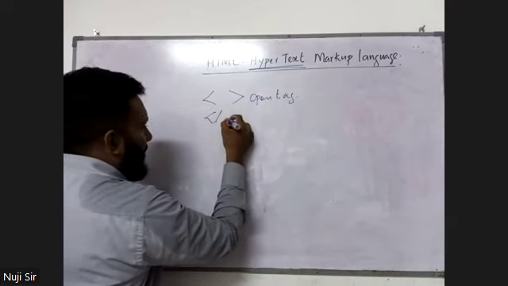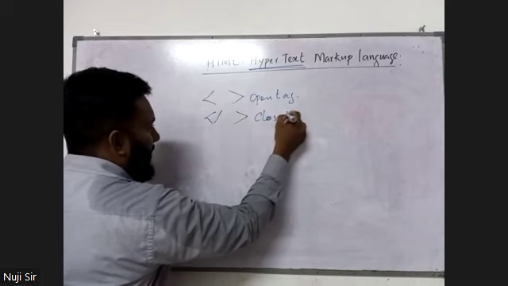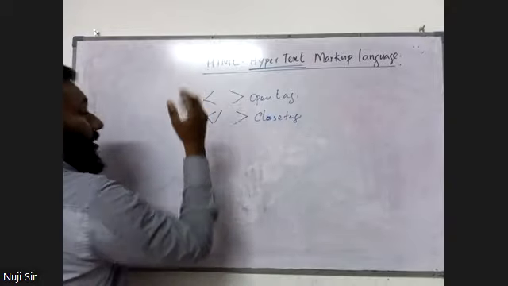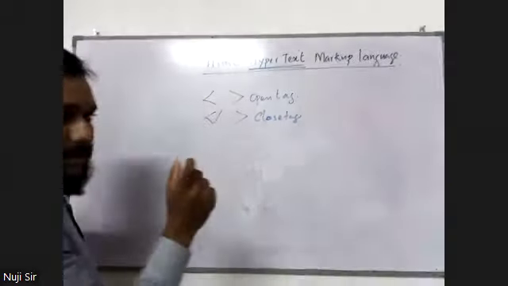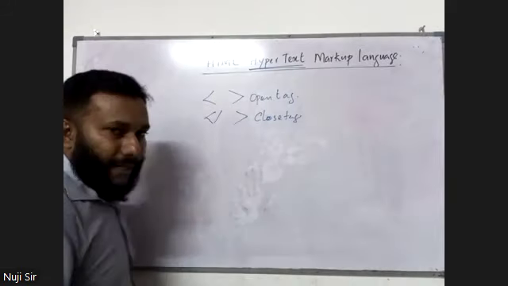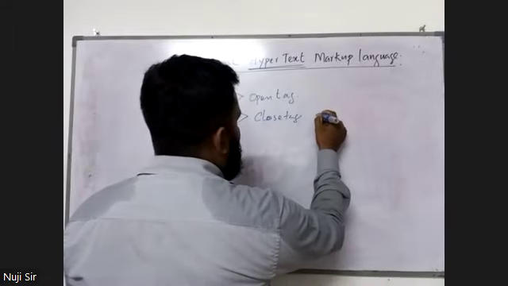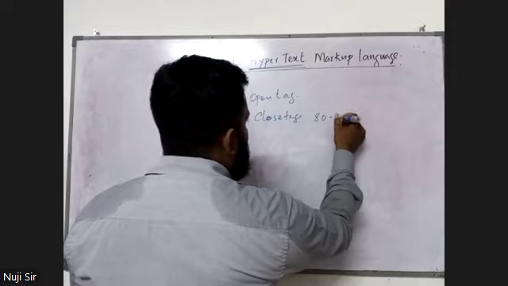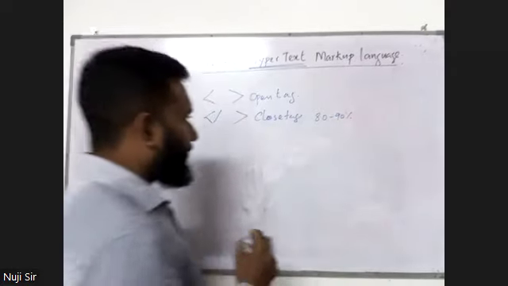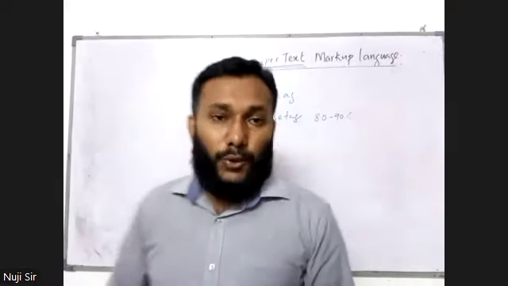The second one is called a closed tag. In between the tags, we can use the code within the brackets. Around 80 to 90% of command tags are used to close; we have to close them.